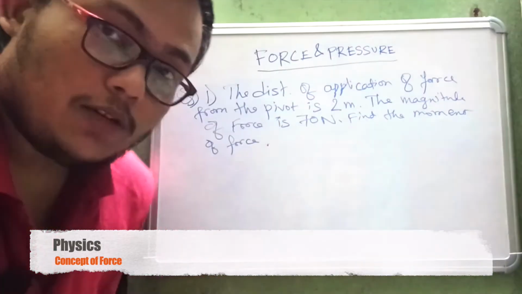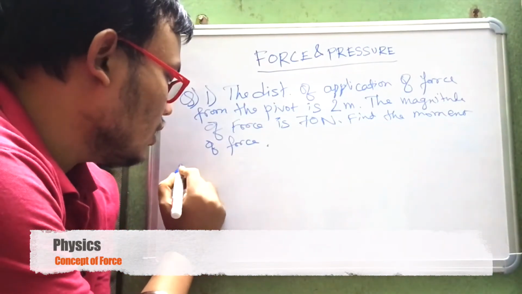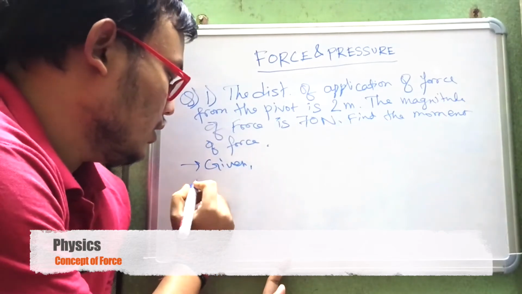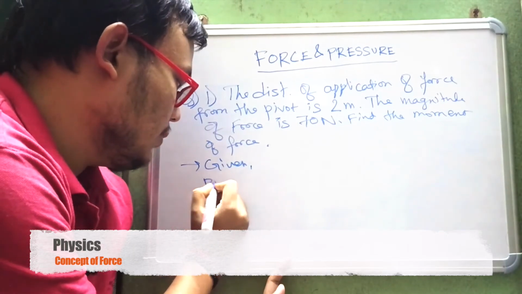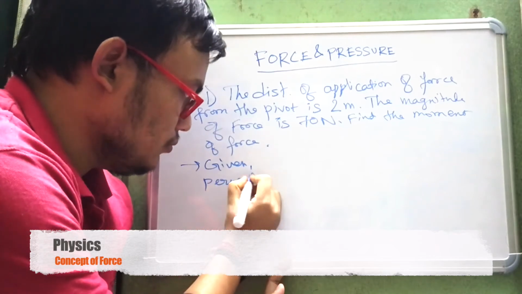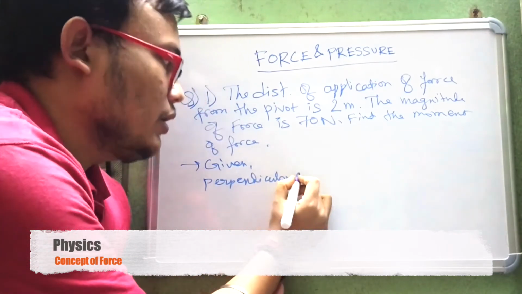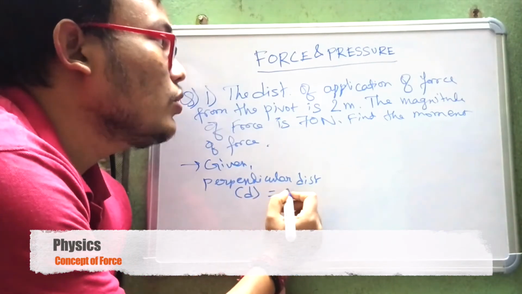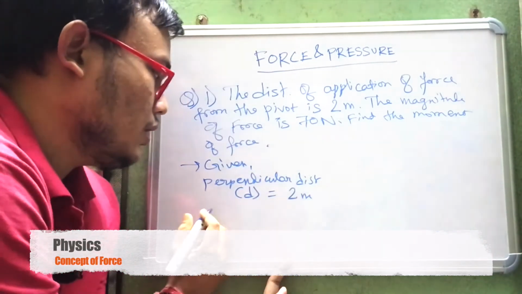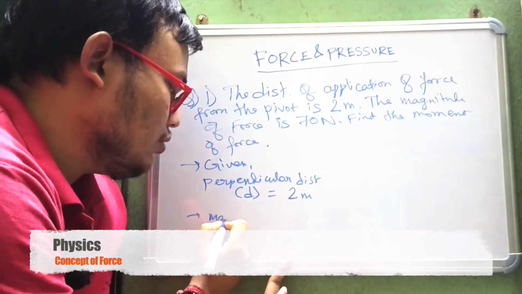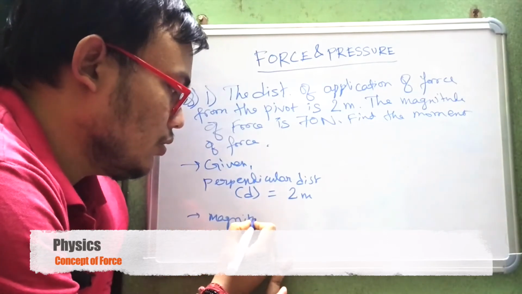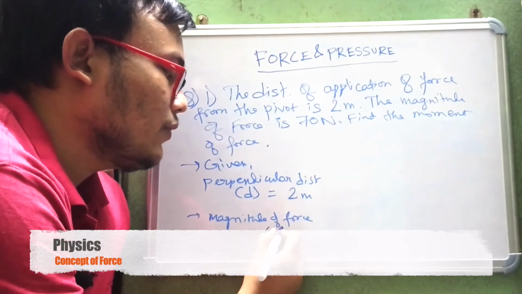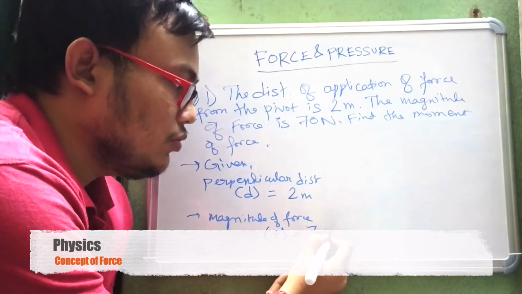For this sum, I'll first write down the data which is given in the problem. Given are the perpendicular distance d, which is 2 meters, and the magnitude of force, which is expressed as F equals 70 newtons.